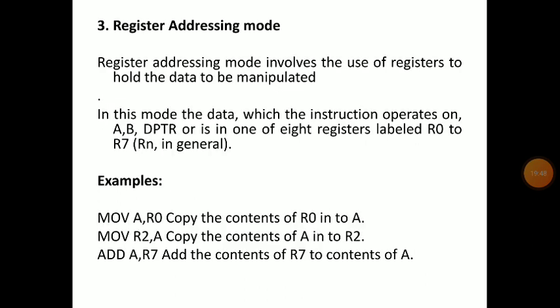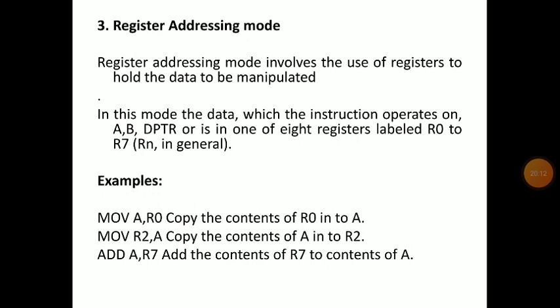Now moving on to the register addressing mode. Register addressing mode involves the use of registers to hold the data to be manipulated. So the instruction will mention the registers in which the data is present.